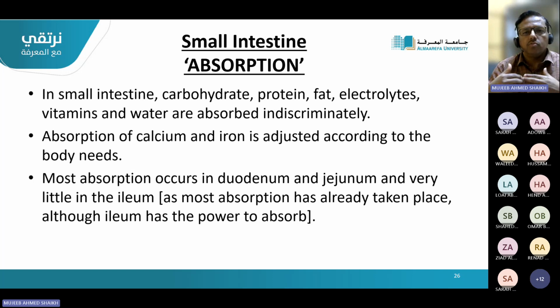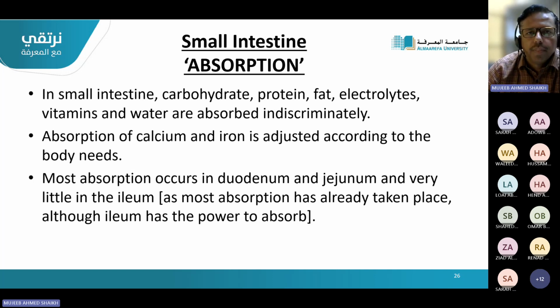If you have taken very sweet dishes in large quantity, then all the sugar will be absorbed. If it is present in a very little quantity, then it will be absorbed in little quantity, depending upon the availability. But calcium and iron are not absorbed indiscriminately.